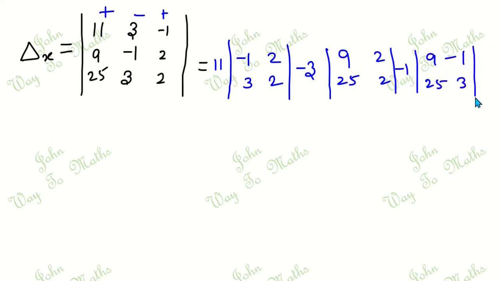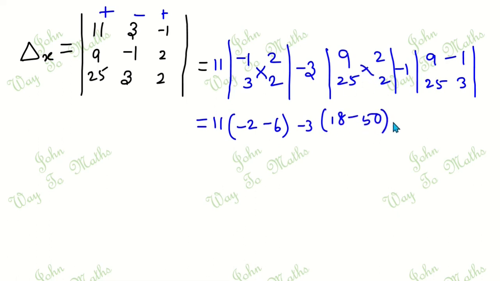Which is equal to 11 times first diagonal minus second diagonal. First diagonal becomes minus 2 minus second diagonal 2 3s are 6. Minus 3 of first diagonal becomes 9 2s are 18 minus second diagonal becomes 2 into 25 becomes 50. Minus 1 of first diagonal becomes 9 into 3 becomes 27 minus 1 into 25 becomes minus 25. Here comes plus 25.